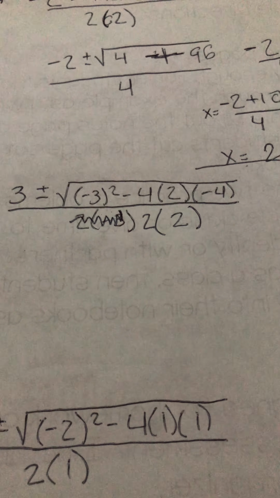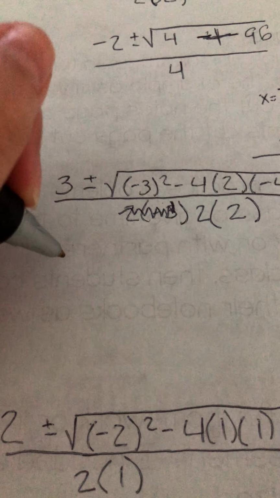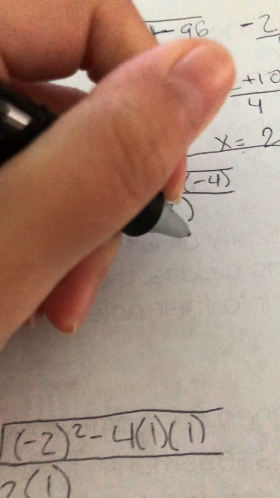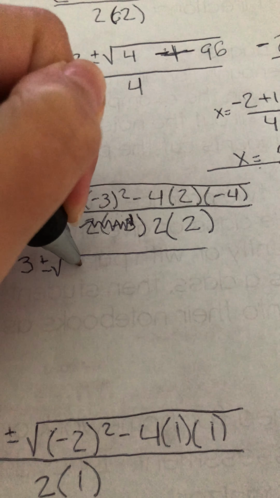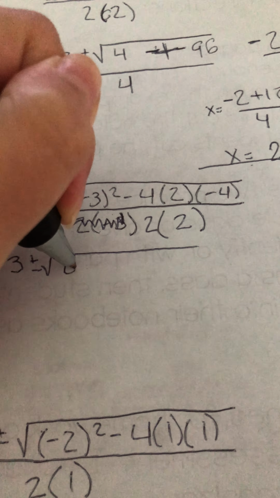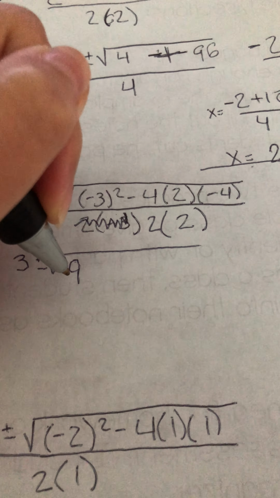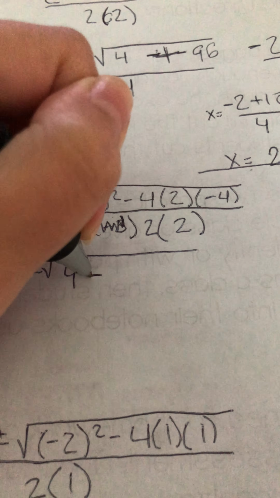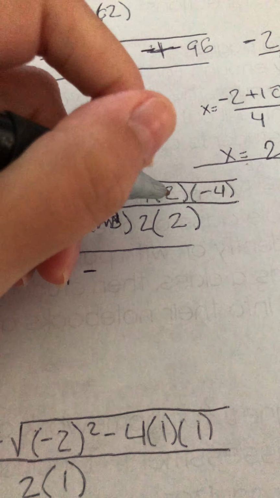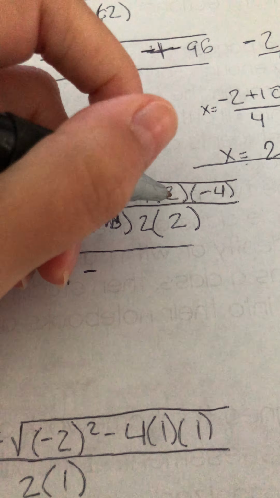All right, simplify everything that's under the radical. 3 plus or minus the square root of negative 3 squared is 9, negative 3 times negative 3. Minus 4 times 2 is 8 times negative 4 is negative 32.